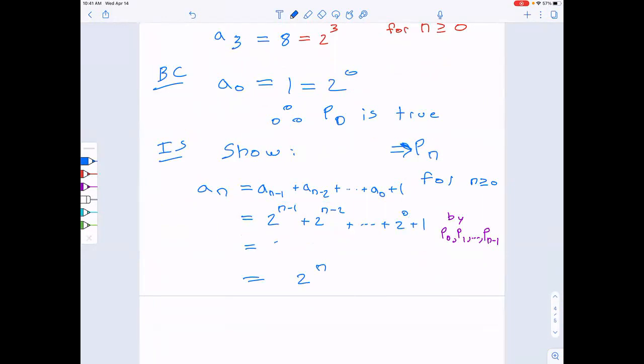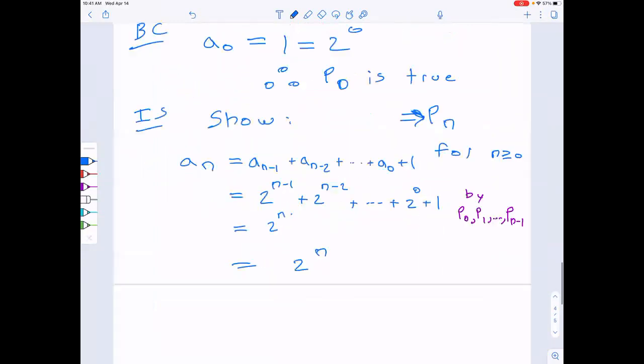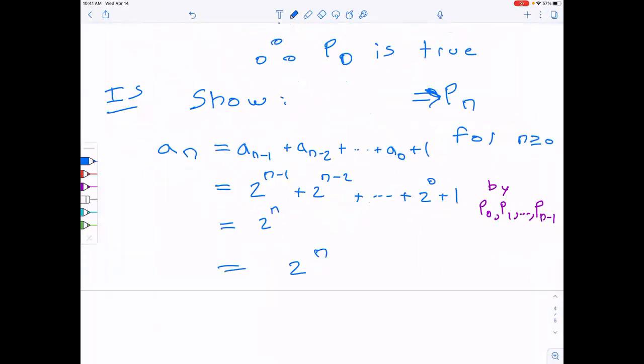We have 2 to the power of n, one higher power than the largest power, subtract 2 to the power of 0, and then all of that divided by the base minus 1, which is 2 minus 1. And then there's still a plus 1 from the very end.